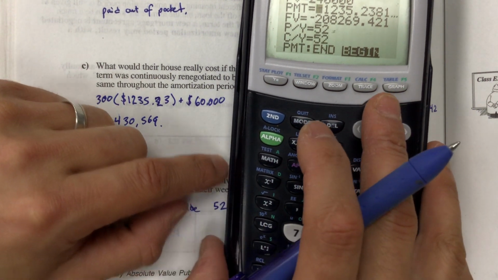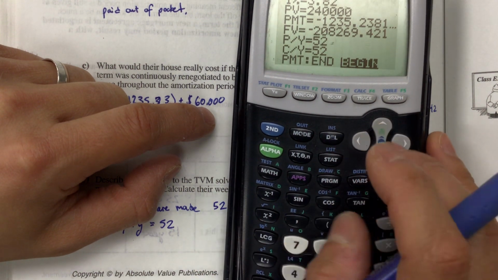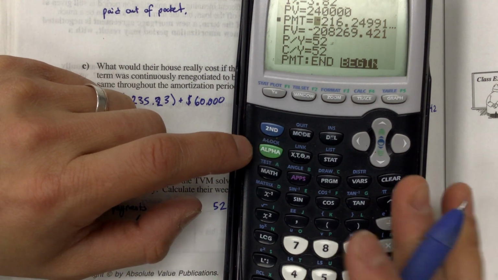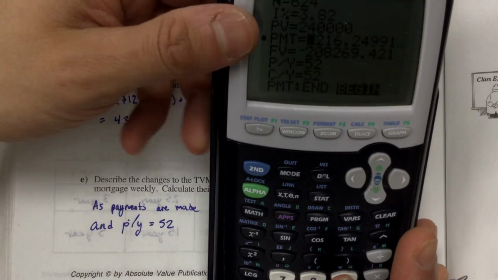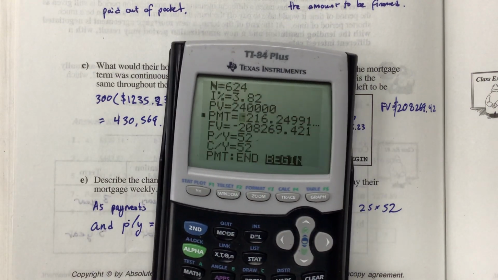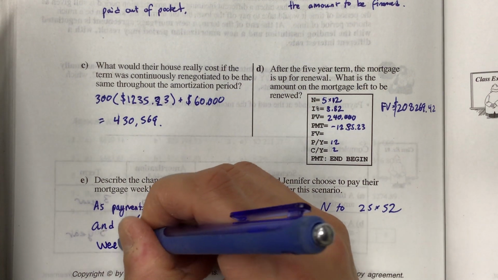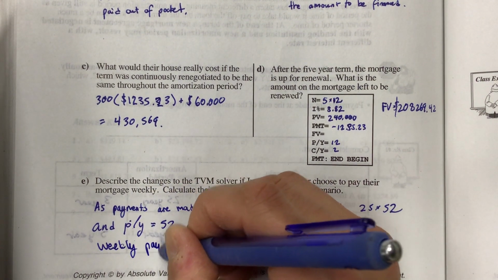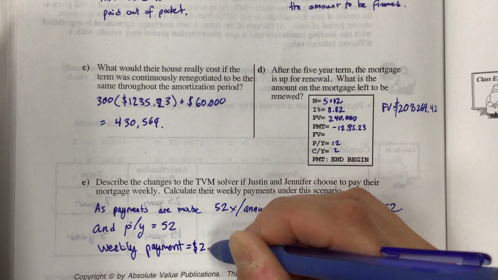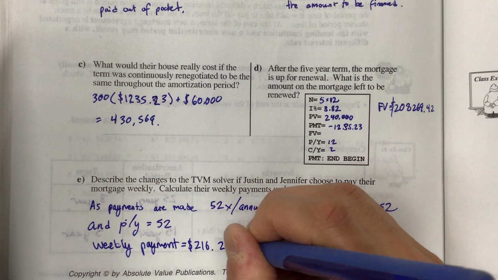We're looking to see the weekly payments here: $216.25. So the weekly payment would equal $216.25.